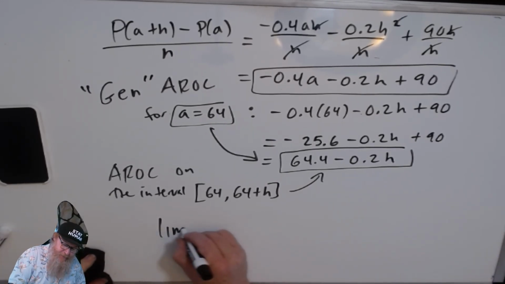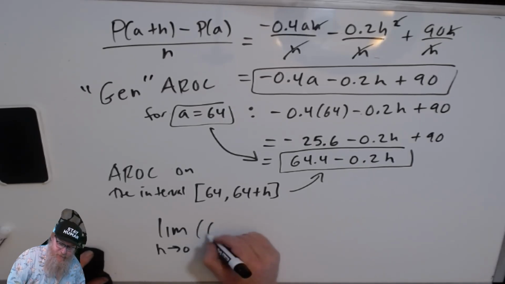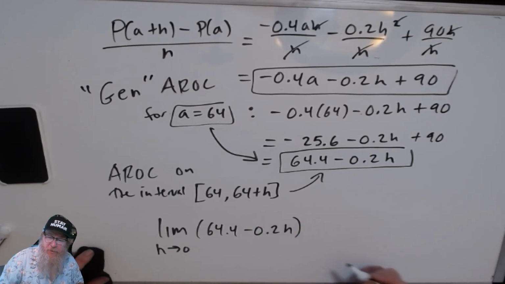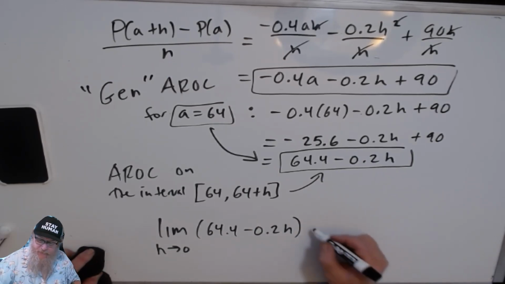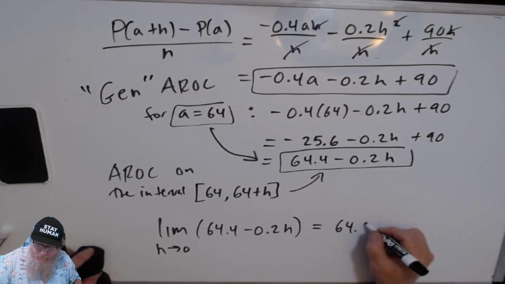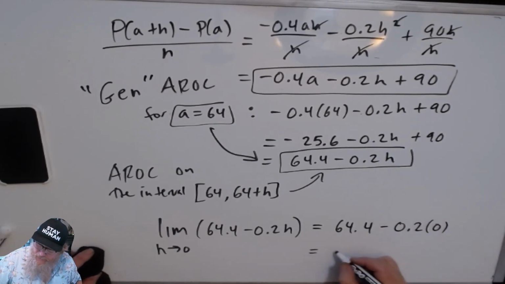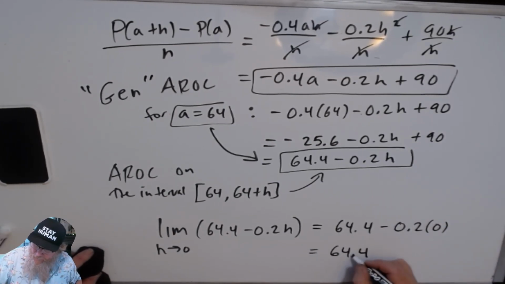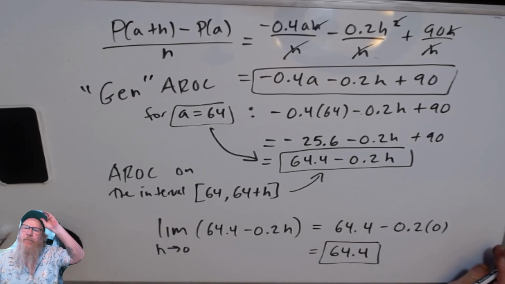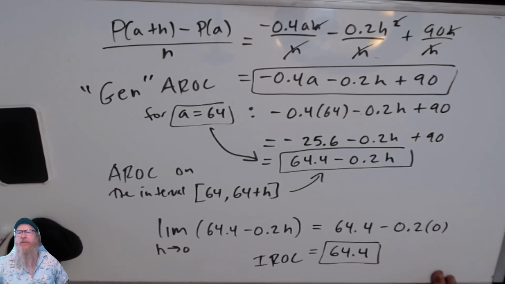So we take the limit as h approaches 0 of 64.4 minus 0.2h. This is going to become 64.4 minus 0.2 times 0, which is just 64.4. So this is the instantaneous rate of change.